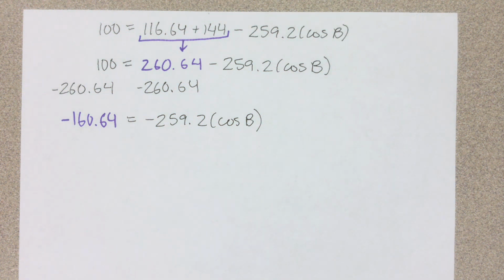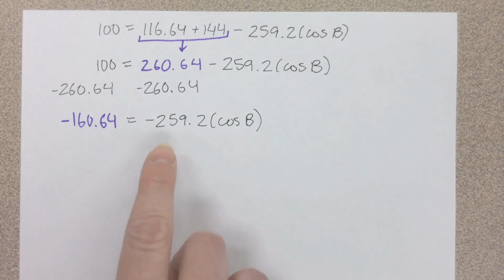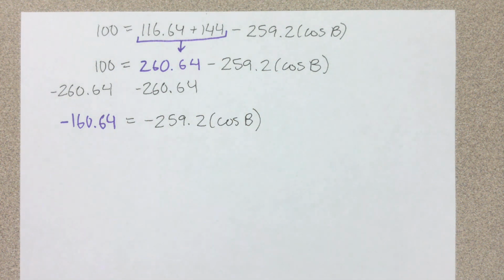What next? Right. Yep. Now we need to divide off that number to get it off of the cosine of b.